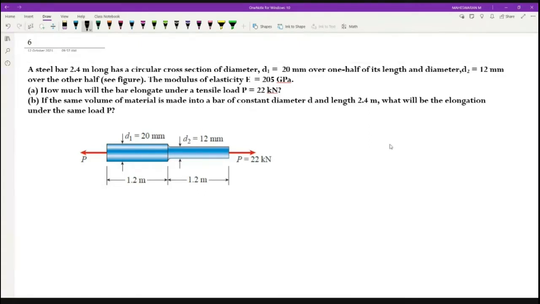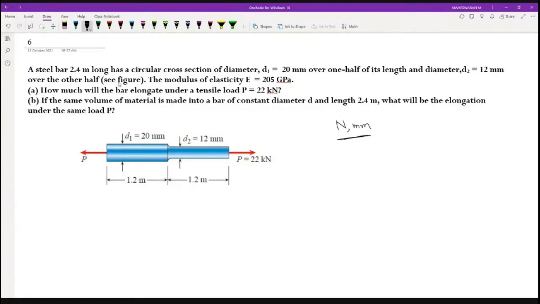Before going to the first part, let us define our unit. I am going to solve this in Newton and mm. In that case, I want to change everything in terms of Newton and mm so that it is convenient for me to solve the problem.